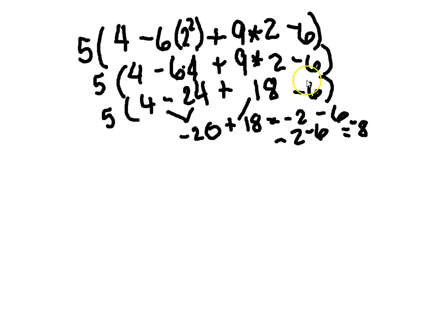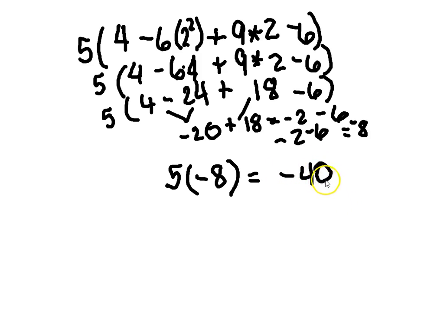So now, this is my parentheses all taken care of. I have a negative 8 here. That's everything that was inside my parens. Now, I have multiplication out front, so this is going to become negative 40. And that's it.